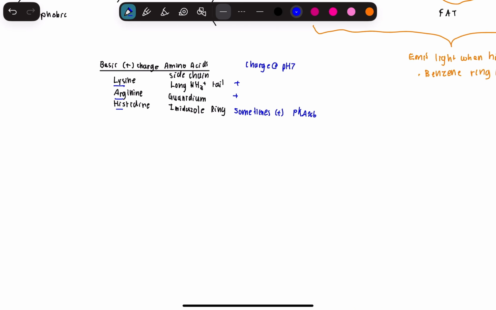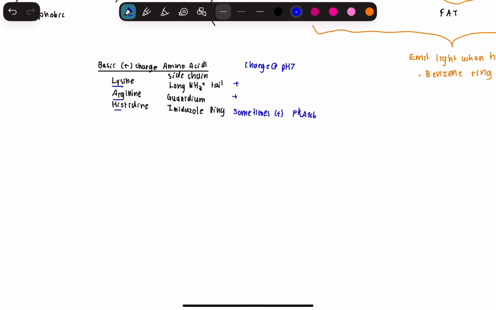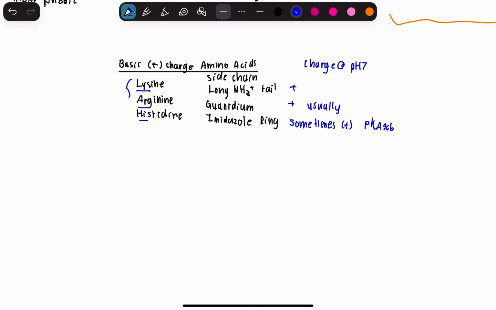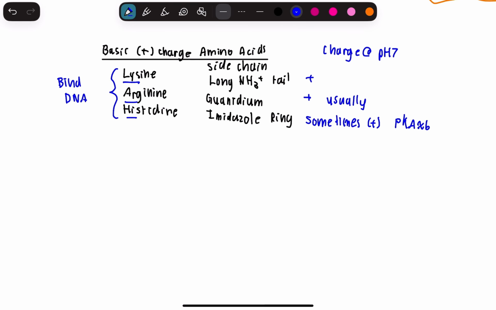In addition, arginine is almost always positive. And all of these bind DNA, because DNA is negative and these are positive. So just think, their abbreviations are K, R, H, so that means basic.